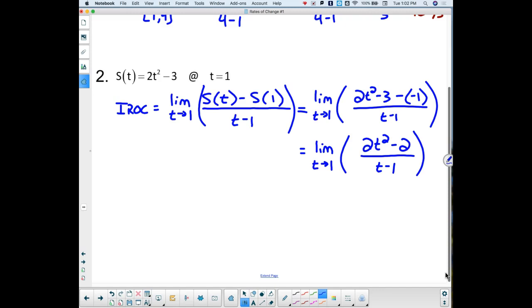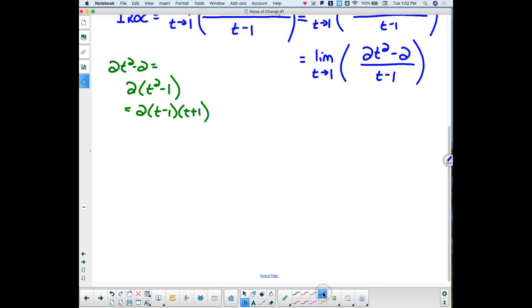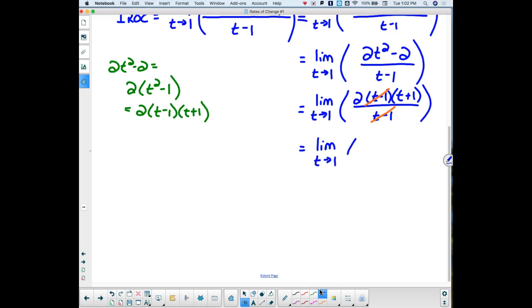A little sideboard action. 2t squared minus 2 is 2 times t squared minus 1, which is 2 times t minus 1, t plus 1. Then those cancel.